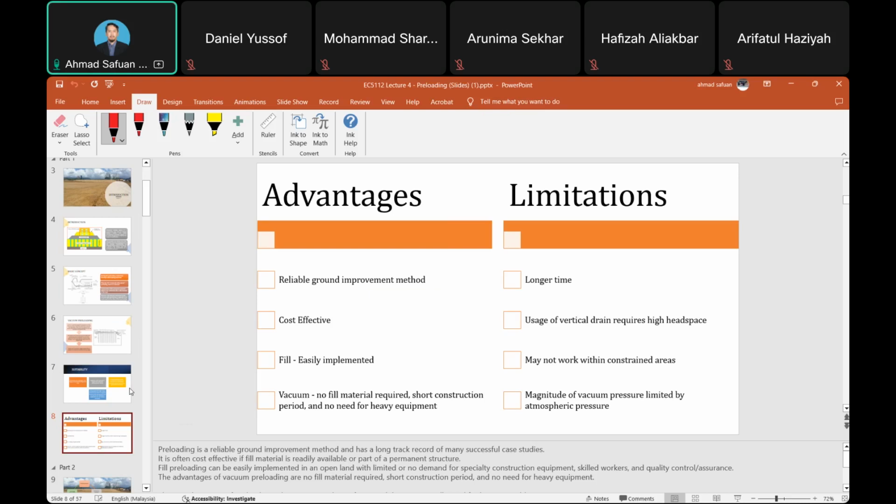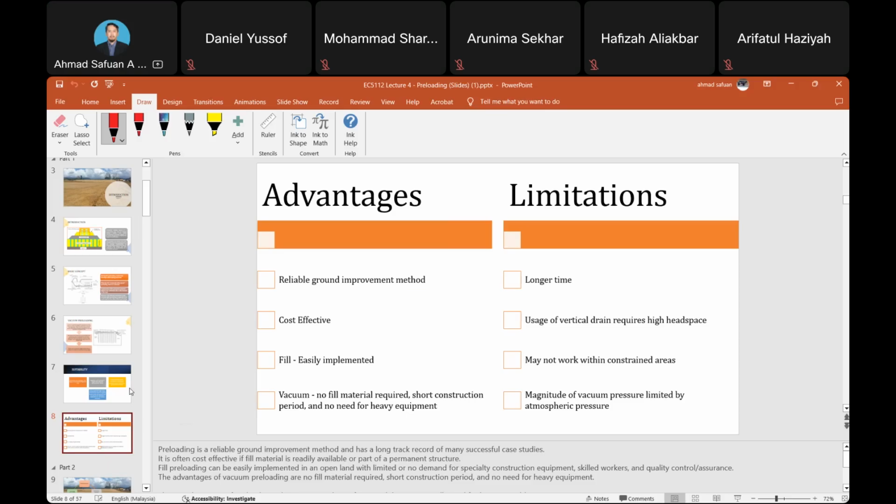It's often cost effective if fill material is readily available or a part of a permanent structure. Fill preloading can be easily implemented in open land with limited or no demand for specialty construction equipment, skilled workers, and quality control assurance. Because we just lay the soil, then make sure that we compact the preloading in stages.